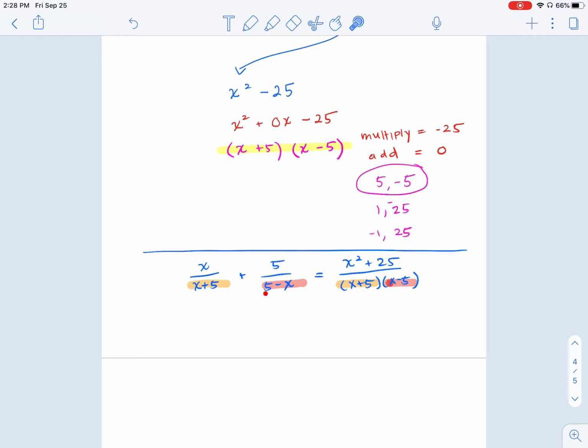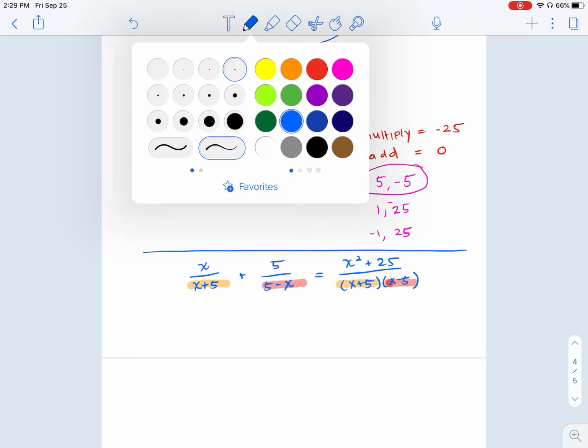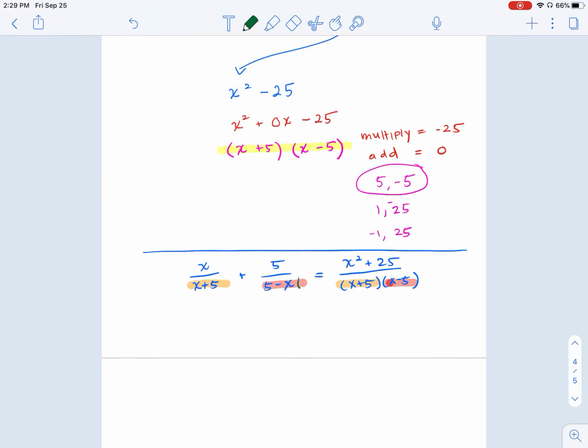So here, my 5 is positive. Here it's negative. Here my x is negative. Here my x is positive. So I want this 5 minus x to look like x minus 5. So what I'm going to do here is multiply by negative 1. Then the positive will turn negative and the negative will turn positive.